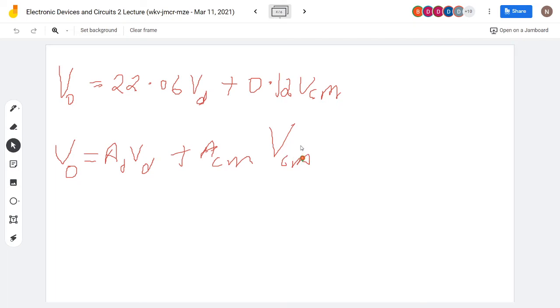We can clearly see that the coefficient of VD in this expression is AD, so the coefficients are going to be equal. Likewise, the coefficient of ACM.